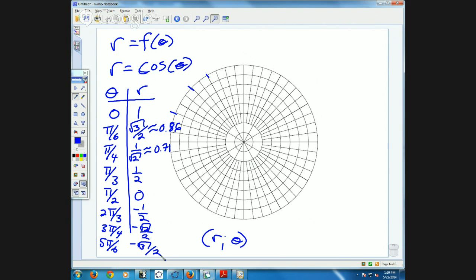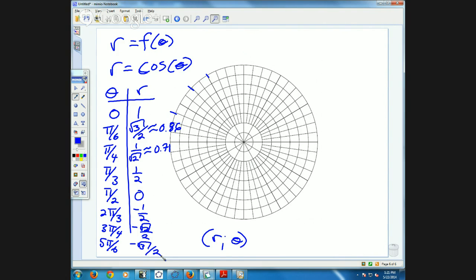So now we're going to try and plot these points. Yeah, that's negative square root of 3 over 2. All right, so we have to decide on a scale here.